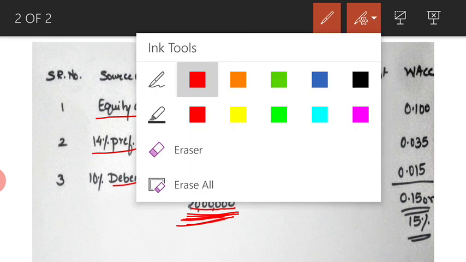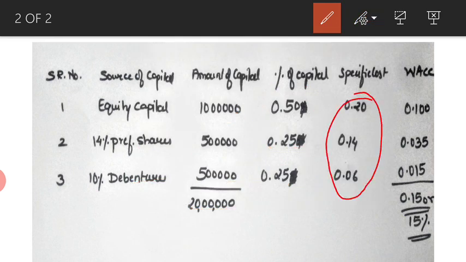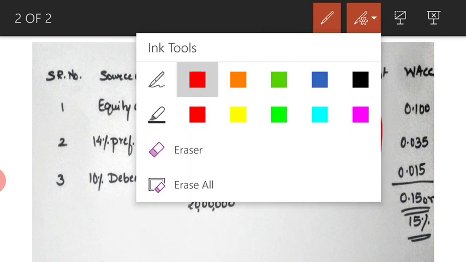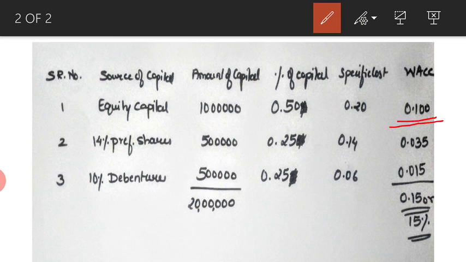Then the specific cost, we have already seen how to calculate it in the previous slide, how we calculated KE, KD and KP. So the same thing applies here. Take the specific cost and multiply the proportion of capital with the specific cost to get the WACC directly.